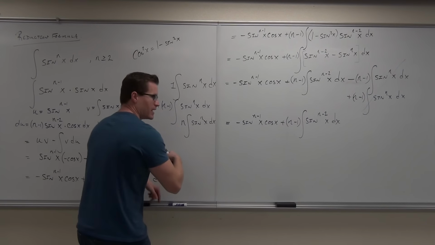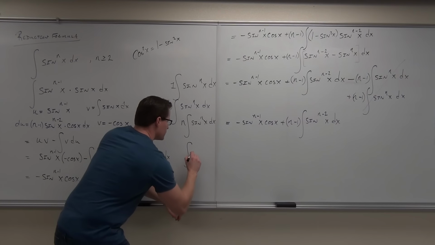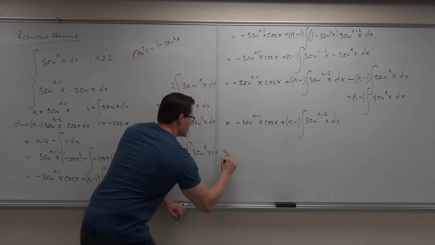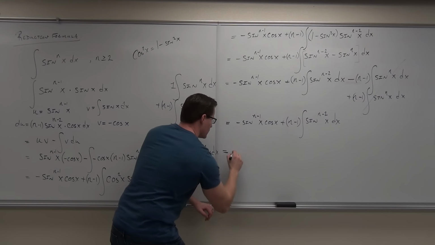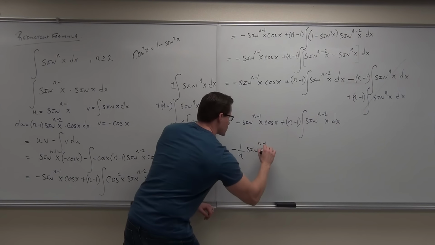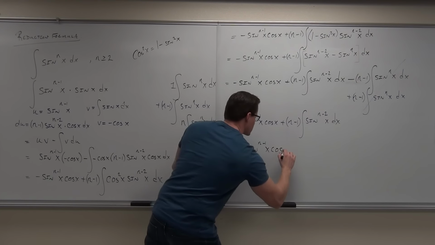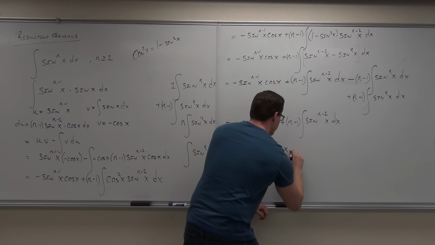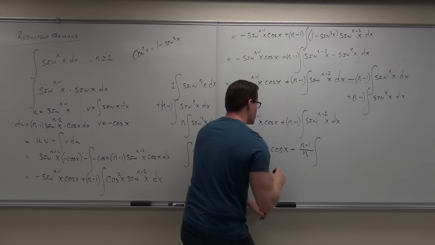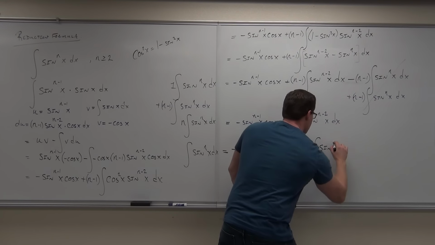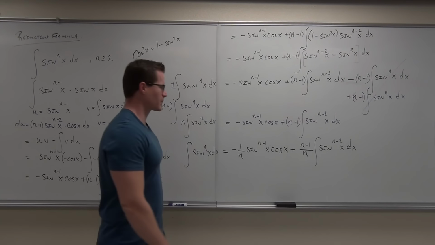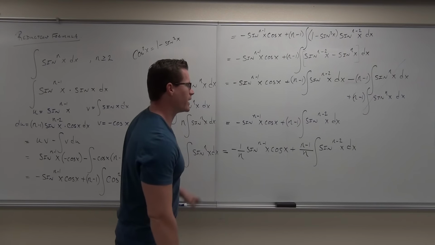So if we divide by n, what we end up getting is negative 1 over n sine to the n minus 1 of x cosine x, plus n minus 1 over n times the integral of sine to the n minus 2 of x dx. Of course, plus C, because we're talking about an integral, but that'll come at the very end.